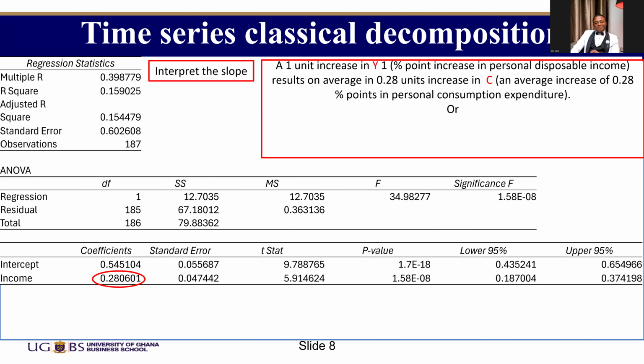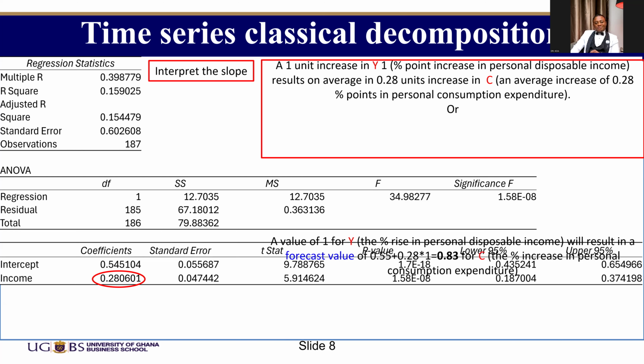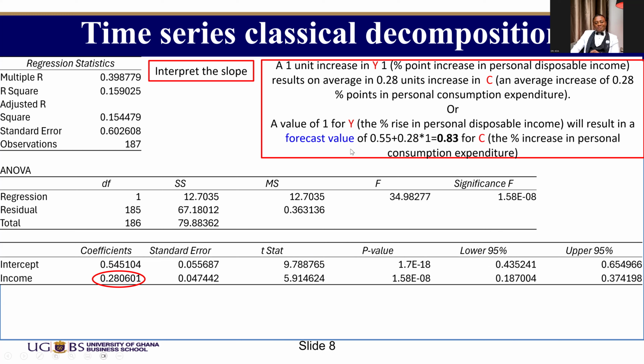Another way of interpreting the results is this. You can say that a value of 1 unit, and this is very important because this is a forecast. So a value of 1 for income. In other words, if disposable income rises by just 1 unit, it will result in a forecast value.